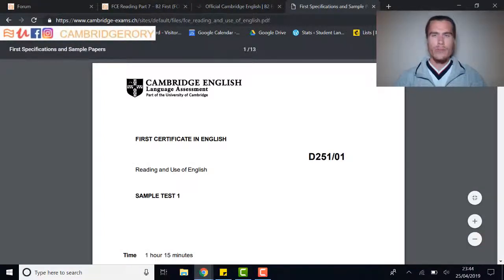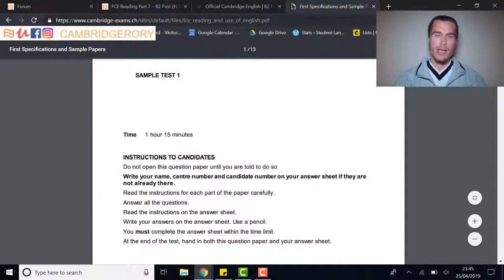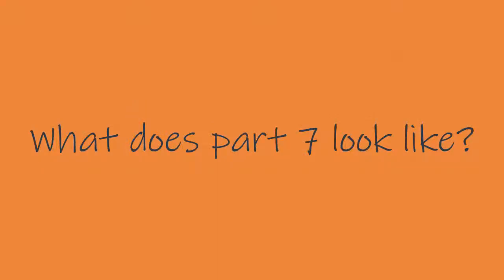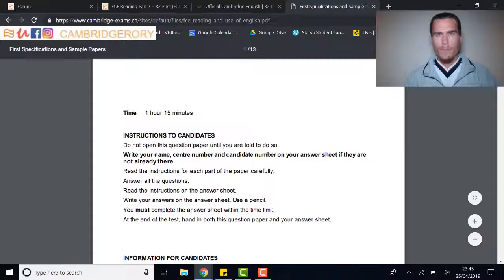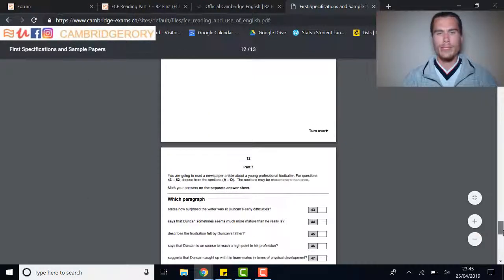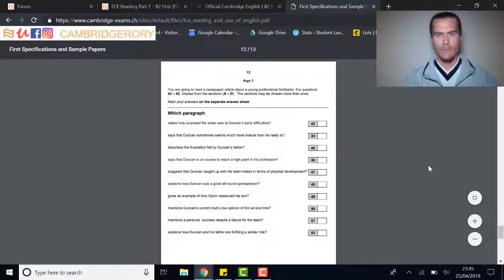And I recommend you to read the instructions to candidates on the first page, as it will help you to be prepared and know what to expect when you are in the exam. But we are going to go down to the bottom of this document where we will find reading part 7 on page 12.